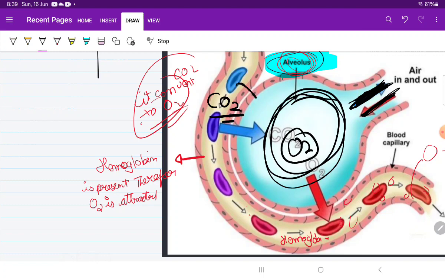The capillaries are connected, that means joined, to the alveoli, and there are small porous holes in the capillaries and in the alveoli. So when the CO2 passes through the capillaries and reaches the alveoli, the alveoli carry the O2, and in capillaries the blood has hemoglobin.